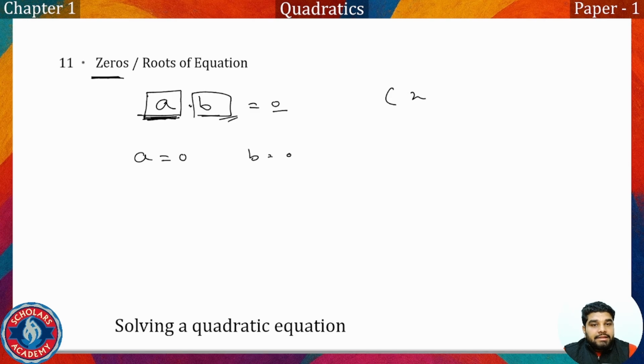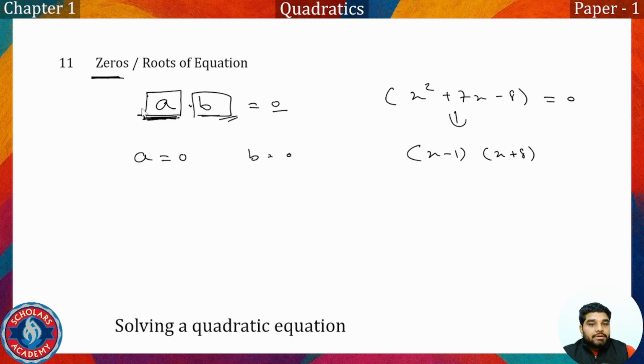Similarly, for finding the zeros of a polynomial equation, we'll convert this quadratic equation in terms of its factors, that is x minus 1 and x plus 8, right?